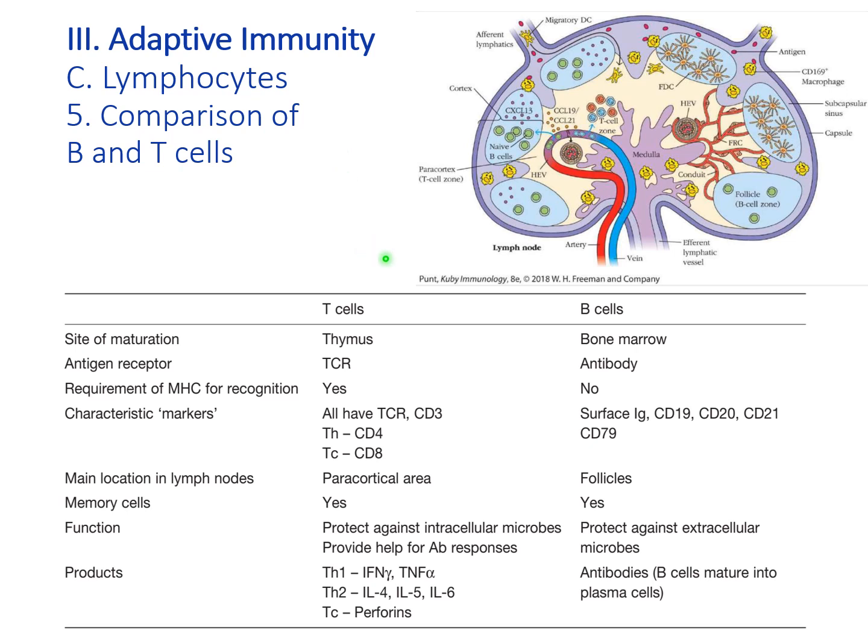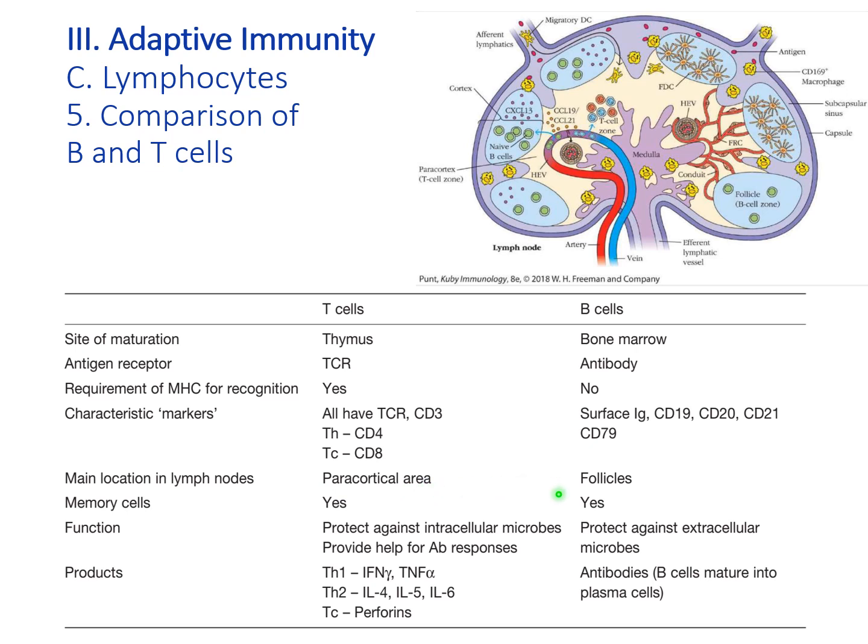Now we have here a table showing the comparison of B and T cells. As we have discussed, the site of maturation of the T cells is in the thymus, and of the B cells in the bone marrow. The main location in the lymph nodes of T cells is in the paracortical area.